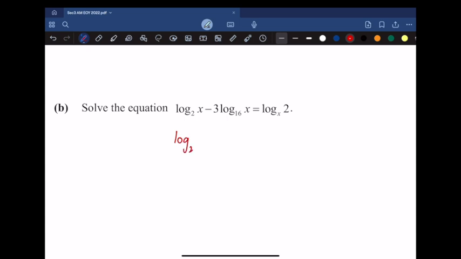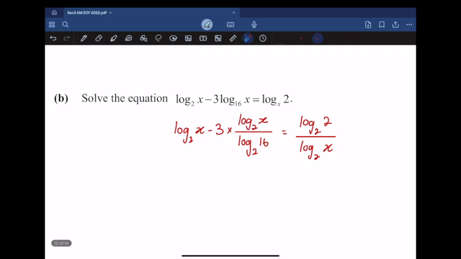log base 2 of x minus 3 times log base 2 of x over log base 2 of 16 equals log base 2 of 2 over log base 2 of x. Okay, then from here, we continue solving. Maybe I simplify this first.